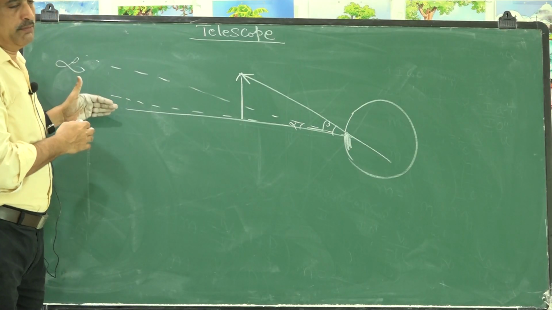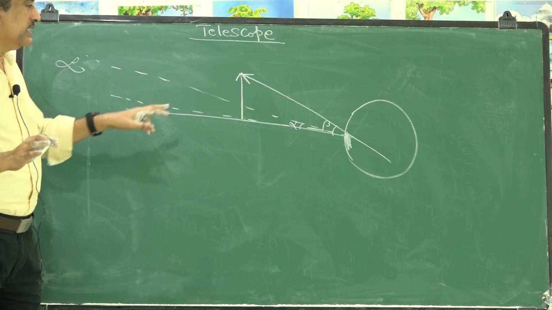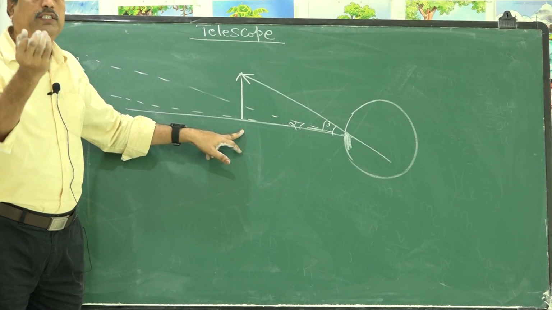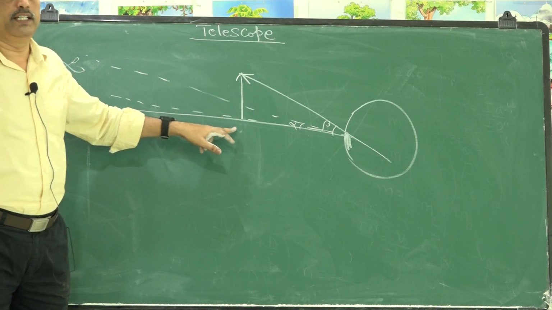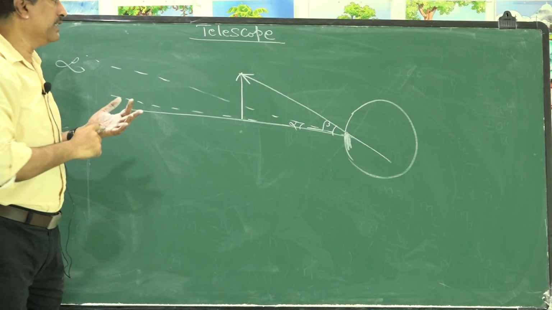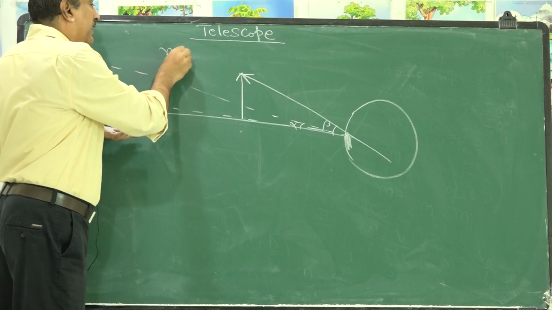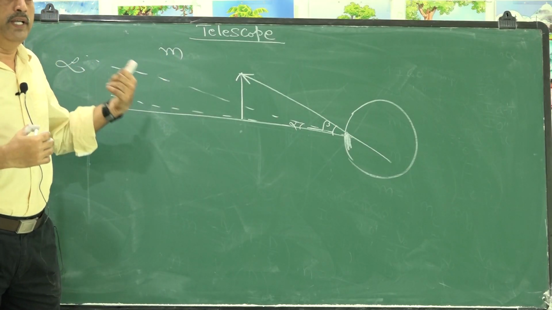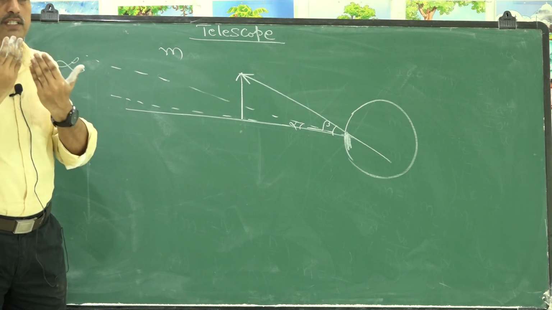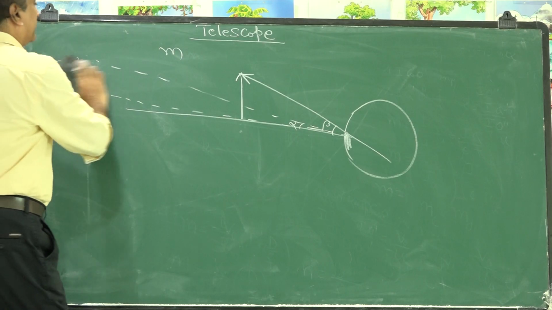That means the telescope does not change the size of the object, but it gives an image of a distant object close to our eye. If the magnifying power of a telescope is m, then the image is m times nearer to the eye. So, the distance is reduced to m times.